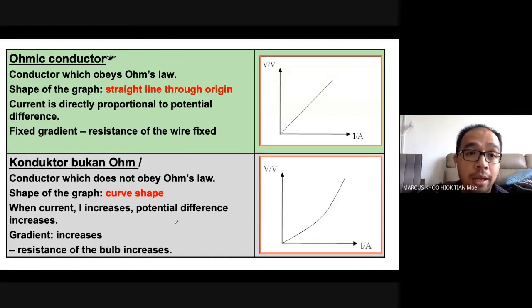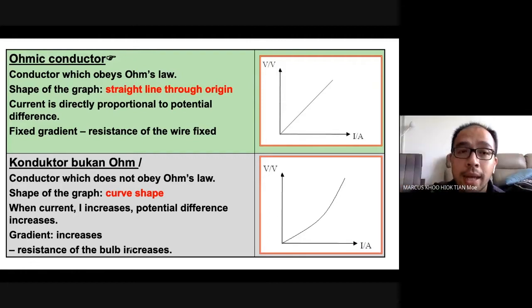That's why they are directly proportional. So the biggest difference between an ohmic conductor and a non-ohmic conductor is the issue of the gradient, the issue of the resistance. For an ohmic conductor, the resistance is fixed. For a non-ohmic conductor, the resistance is not fixed. It is always increasing.